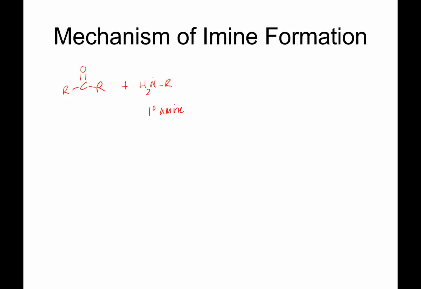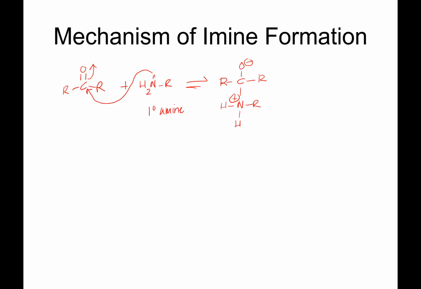The primary amine comes in, adds to the carbon, and a pair of electrons moves up to the oxygen. Again, these are all equilibrium reactions, so I get an O-, and I'd have the same mechanism if it was an aldehyde.